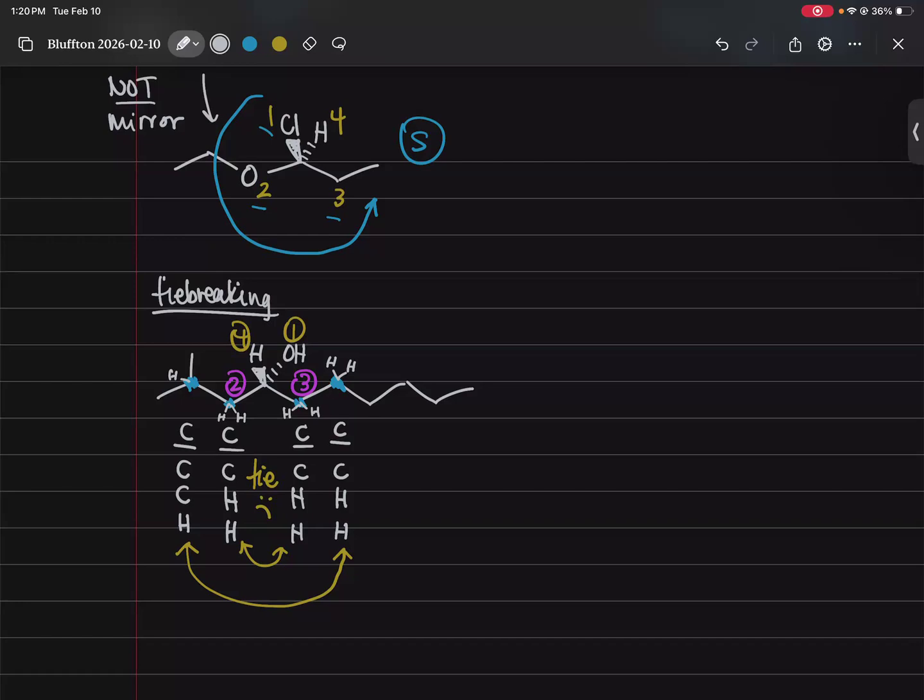R. Okay. Because in order for the clockwise counterclockwise to be in the sensical way where clockwise is right, the hydrogen has to be back. Okay. If we're doing it the cheating, wrong way, then we're going to say 1, 2, 3.